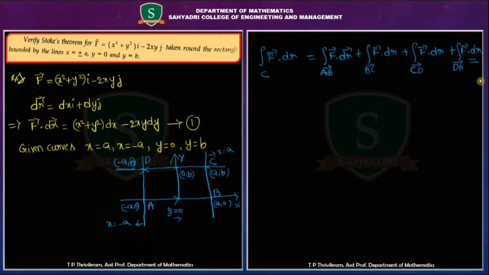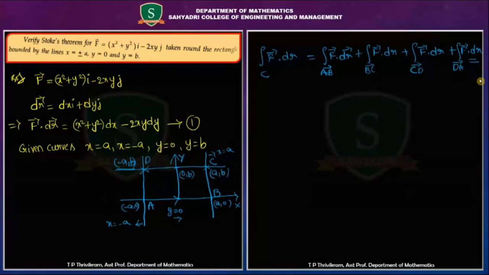The final answer you should get is minus 4a b square.